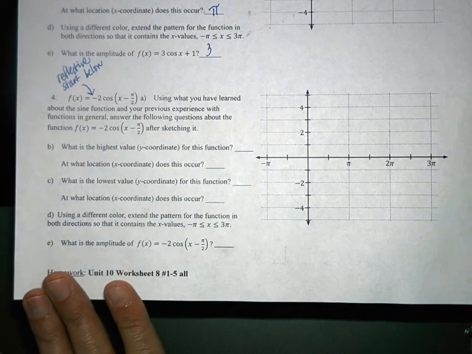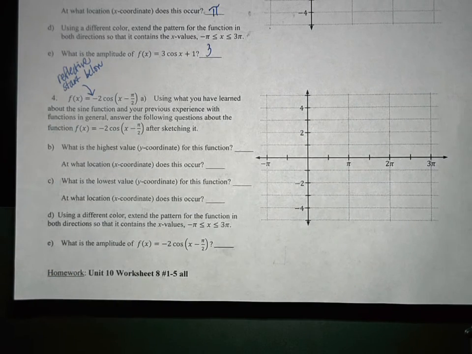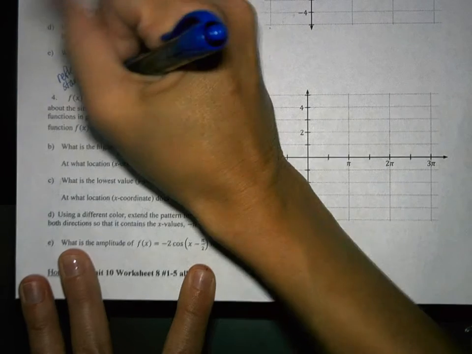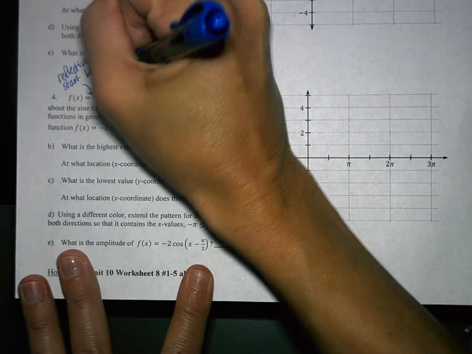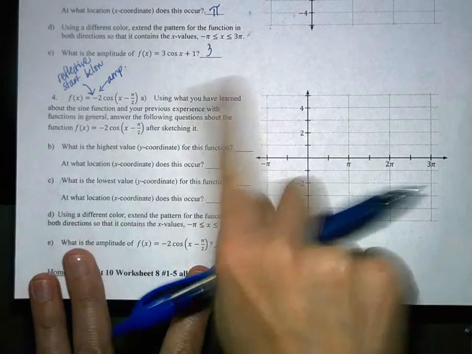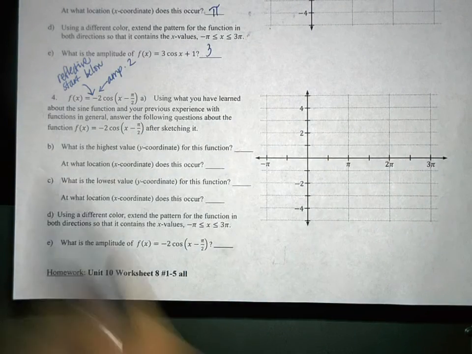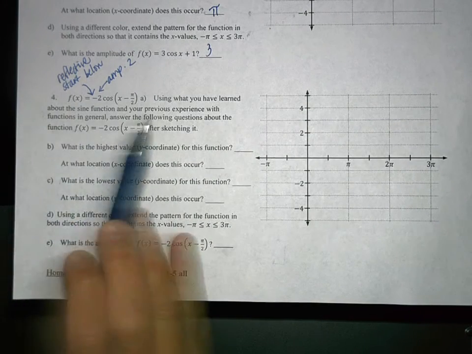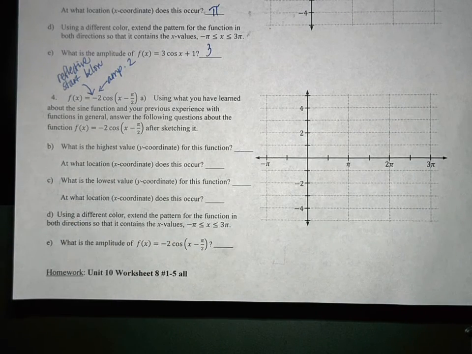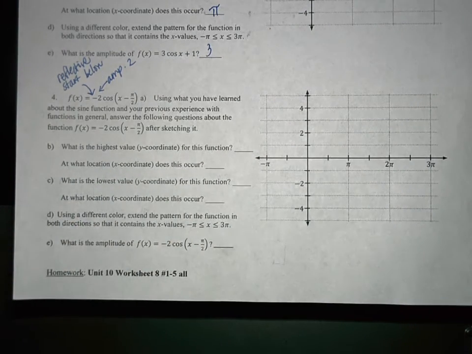So the negative just means that we're going to start below instead of starting above. Okay, what does the 2 in front mean? Good. Amplitude. And I personally feel that writing out all this information is helpful, because when I look at it here, sometimes that doesn't really make sense to me, but when I write it out in words, I make sure that I actually do it and it makes more sense.